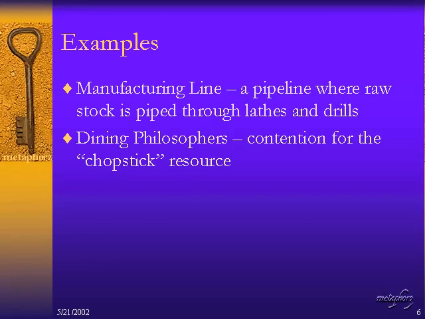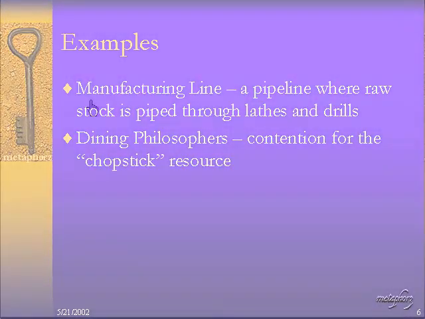And we'll look at the dining philosophers problem, which from our perspective we're not considering so much a problem as an example scenario that can be modeled. We're going to go over an example which represents a manufacturing line with 2 robots and 2 machines.